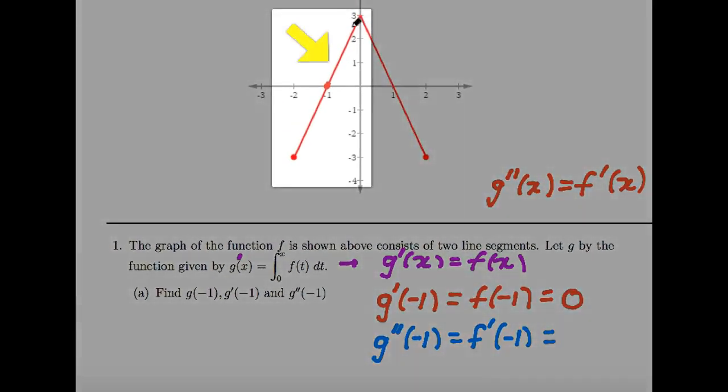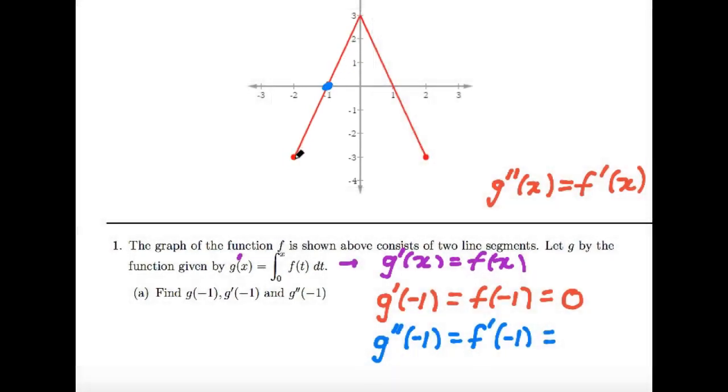So the slope of this line, our point -1 is here, and we need the slope of that line. The slope of that line is actually 3. You can use -2, -3, and 0, 3 to check that. They're actually a slope of 3 and a slope of -3. So our slope there is 3.